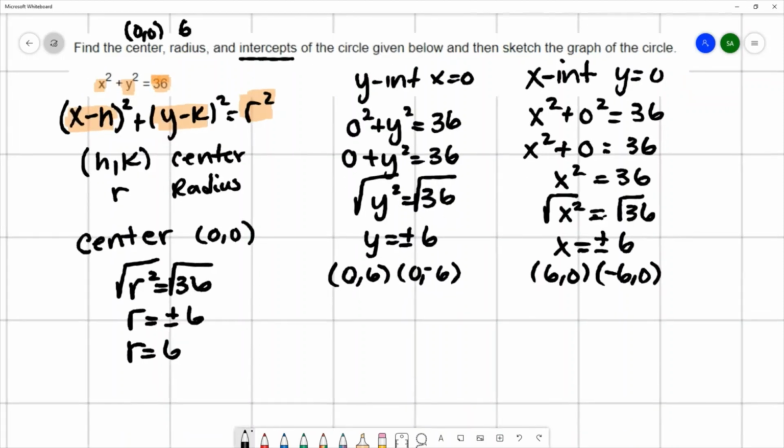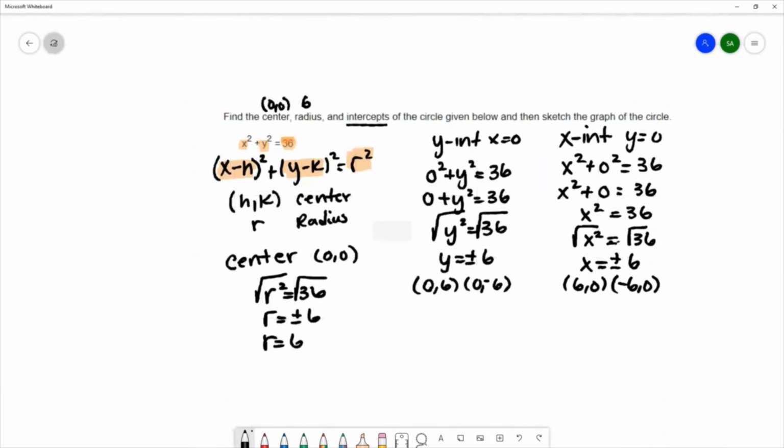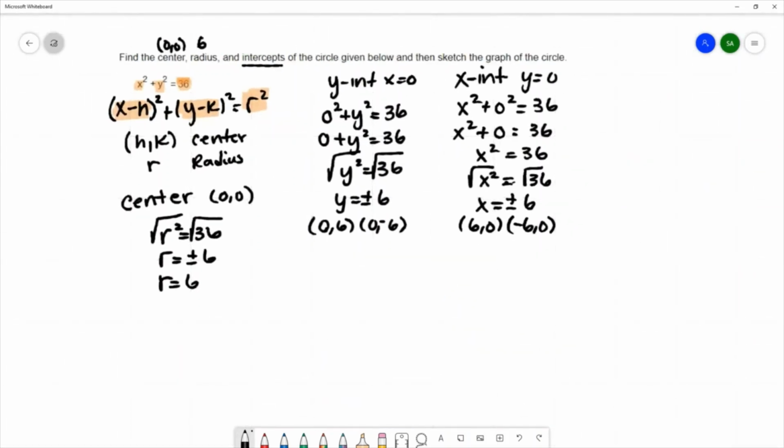So to draw the circle, I would go to the origin, which is where the center is, and I would count the amount of the radius in each direction coming out from the center.